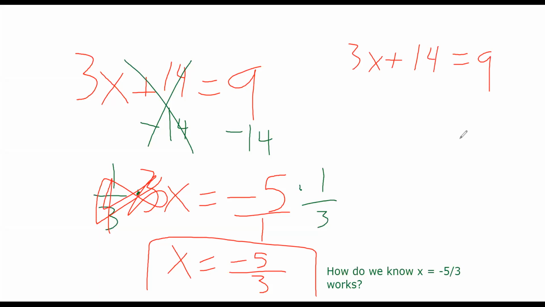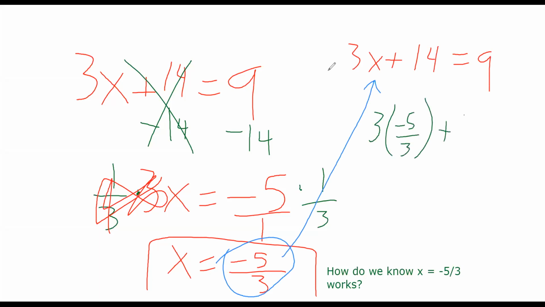Take your proposed solution, what you suspect is the solution, and plug it in for x. And if you produce a true statement out of that, you've got it. So that would become 3 times negative 5/3 plus 14. And we're asking now, does that equal, I'm going to put a nice question mark over it, 9?